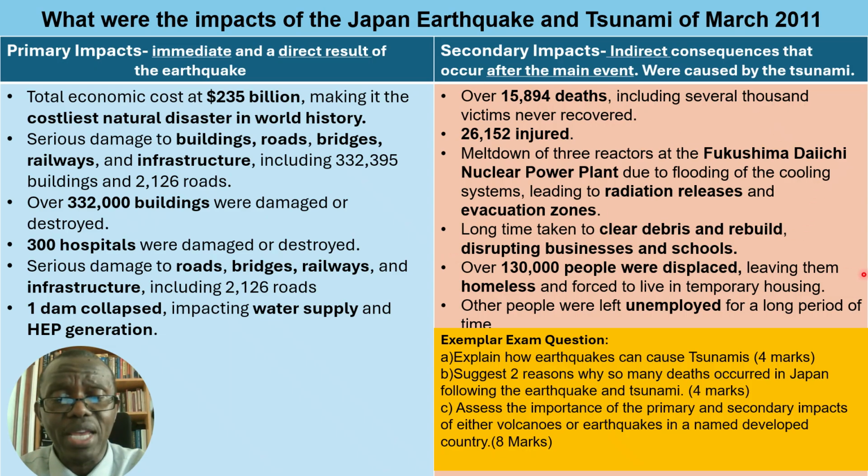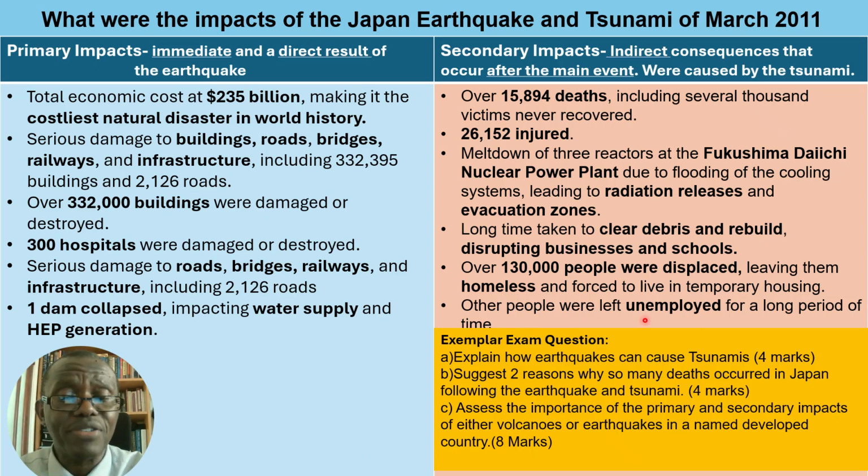Then long time taken to clear debris and rebuild disrupted businesses and schools. Now, this cannot just be businesses and schools. Of course, we are talking about a lot more, things like hospitals as well. So it's a lot more infrastructure and facilities that would be discussed here in an 8-mark question. Then over 130,000 people were displaced, leaving them homeless and forced to live in temporary housing.